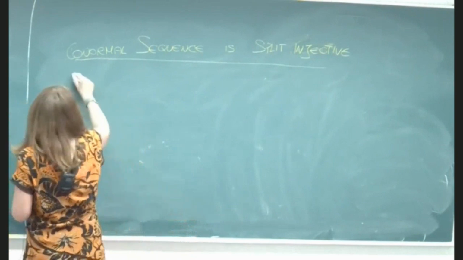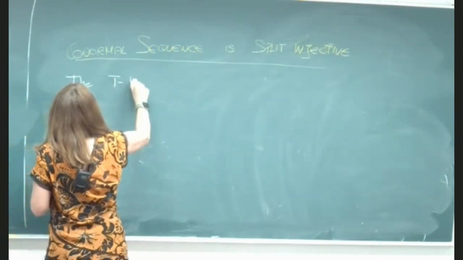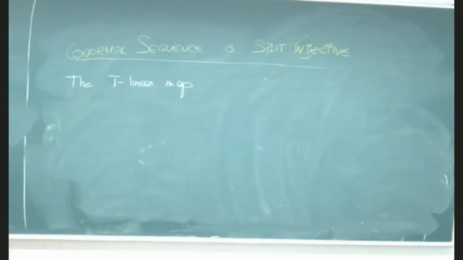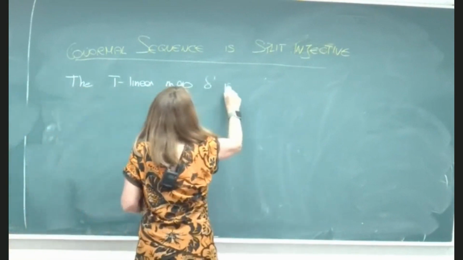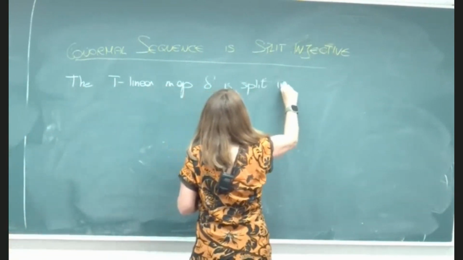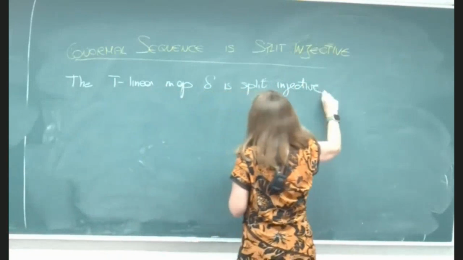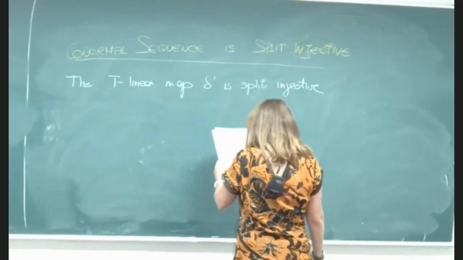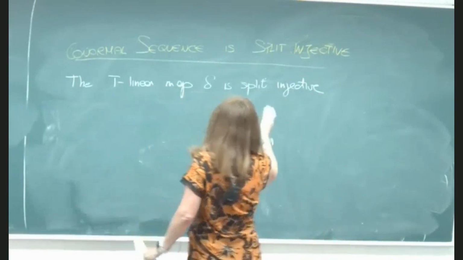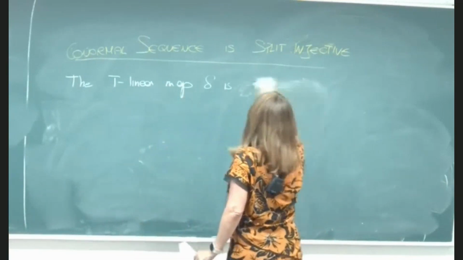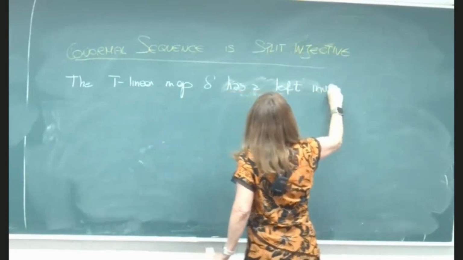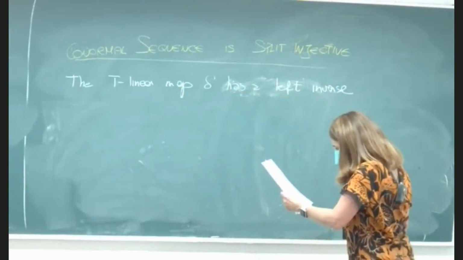So the T-linear map delta, remember this was the map here, is split injective, which means you have that inverse and it becomes identity. Okay? So actually, let me write like this. As a left inverse, I prefer to write it like this.